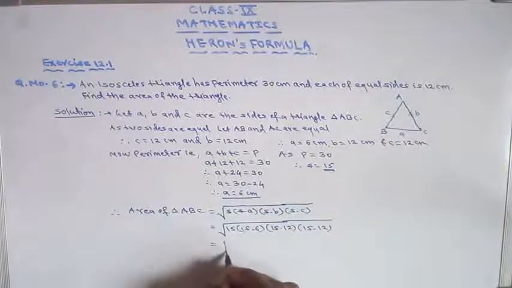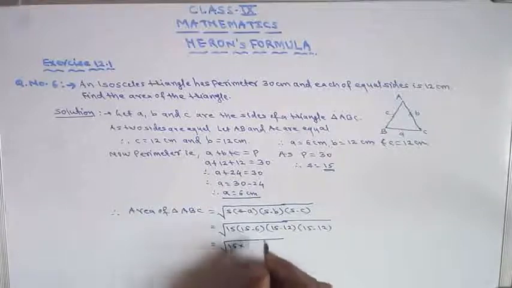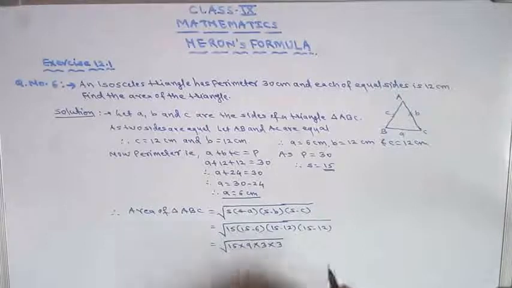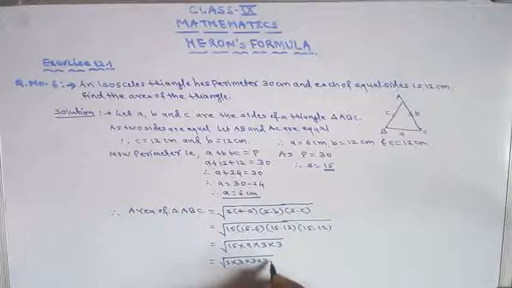So this is equals to 15 into 15 minus 6, that is 9, 15 minus 12, that is 3, 15 minus 12 also 3. So I can write this 15 as 5 into 3, 9 as 3 into 3 and this is 3 into 3.